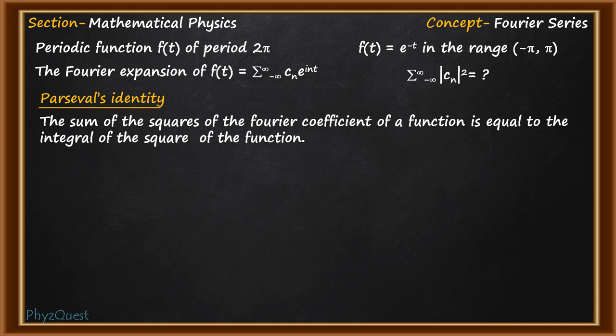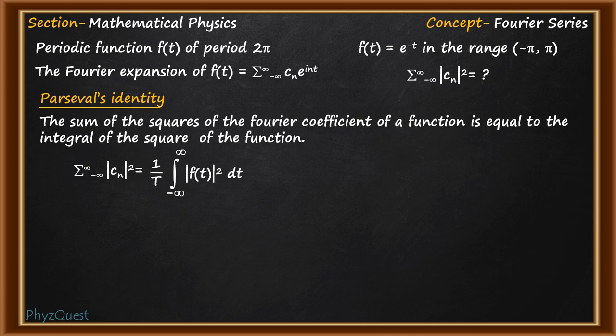Mathematically, the summation of modulus of c_n squared will be equal to 1 by T times the integration from −∞ to +∞ of modulus of f(t) squared dt. Here capital T is the period of the expansion, f(t) is the given function, and −∞ to +∞ is the range of the function.